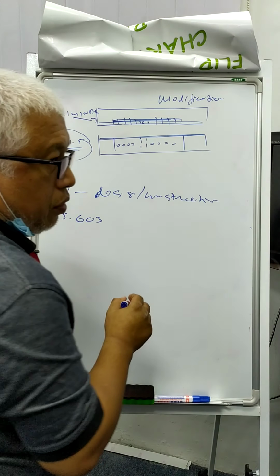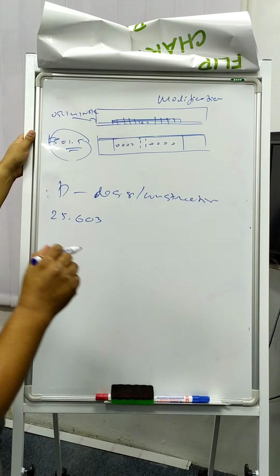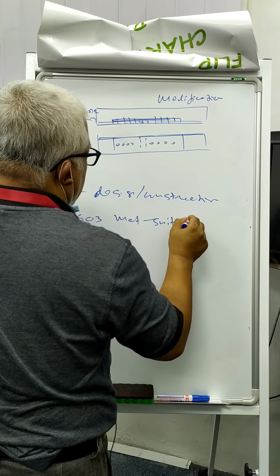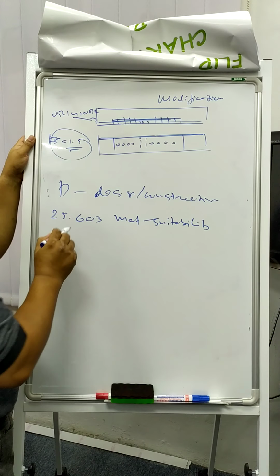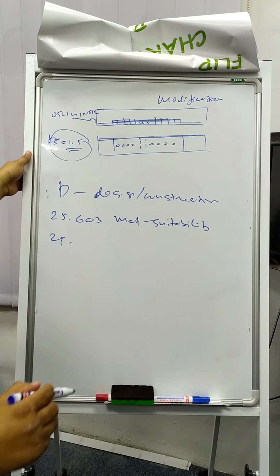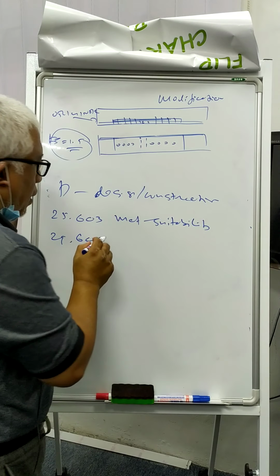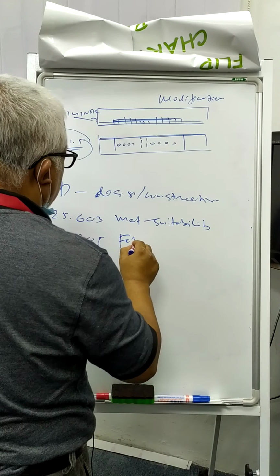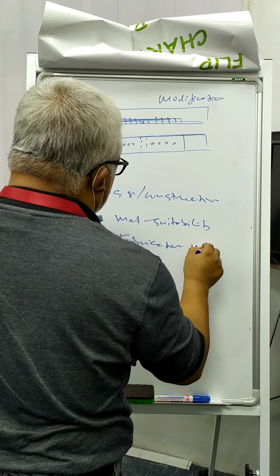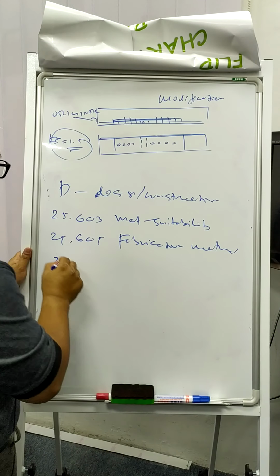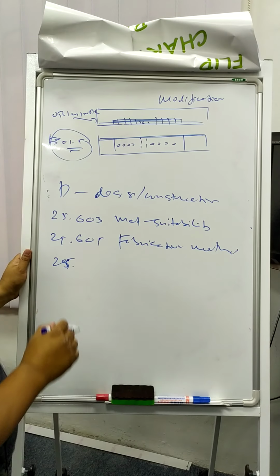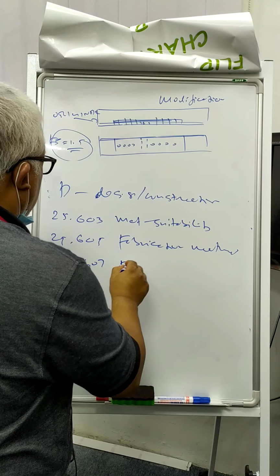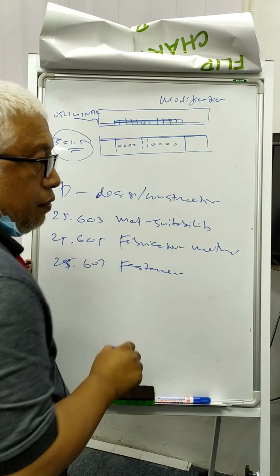25.603, which talks about material suitability. Then 605, which talks about the fabrication method. Okay, and then 607 is fasteners.